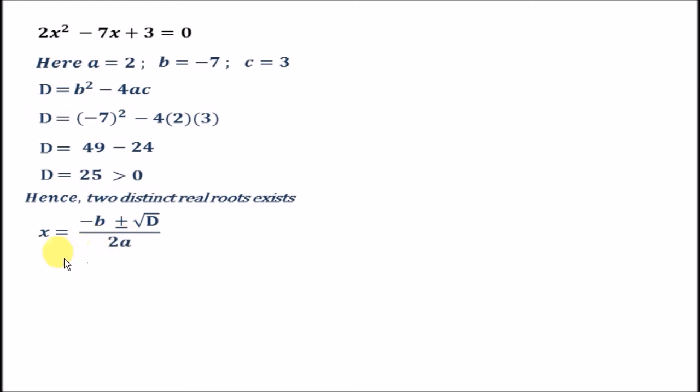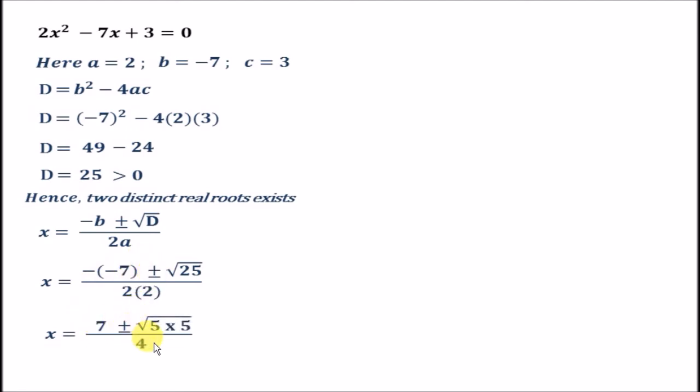Now let's put the values. x equals to minus, the value of b is minus 7, so within brackets minus 7, plus minus under root 25, the value of D, by 2a, 2 into 2. x equals to minus into minus plus, so the sign will change to plus 7 plus minus. 25 can be factorized as 5 into 5, so under root 5 into 5. Next, x equals to 7 plus minus 5.